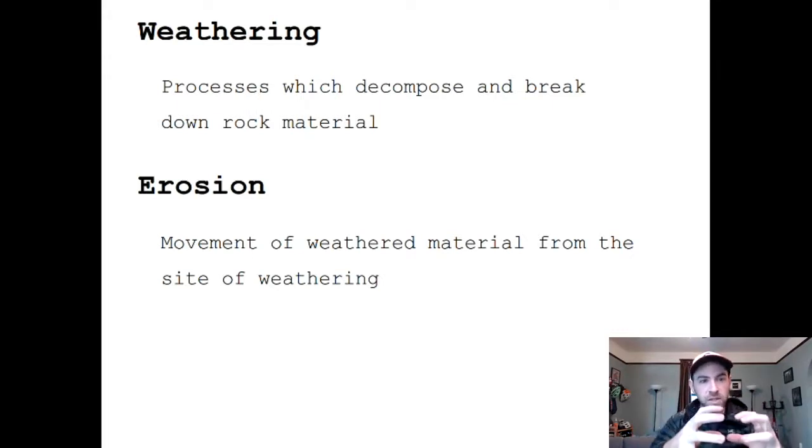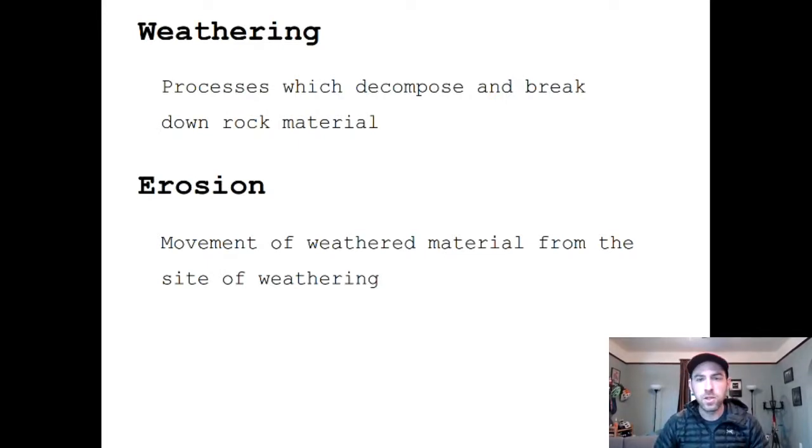Or dissolves it by fluid interactions and so forth. Whereas erosion is then taking that broken down or dissolved rock material and moving it away from the site at which the weathering occurred. Okay, so those are the two distinctive processes that we will cover in the two different parts of today's lecture.